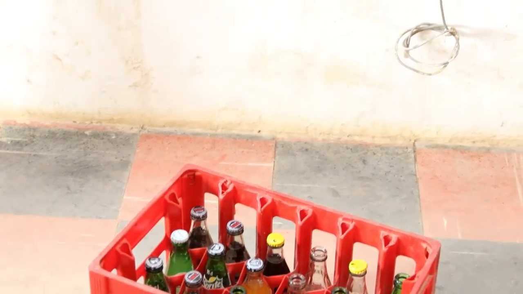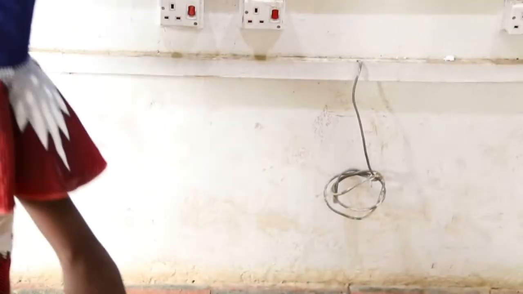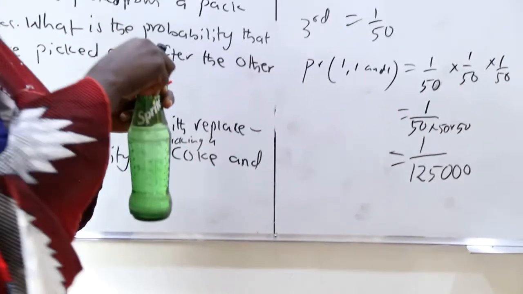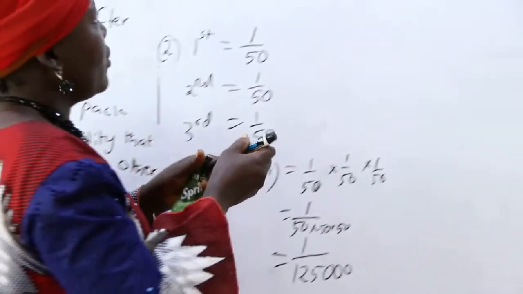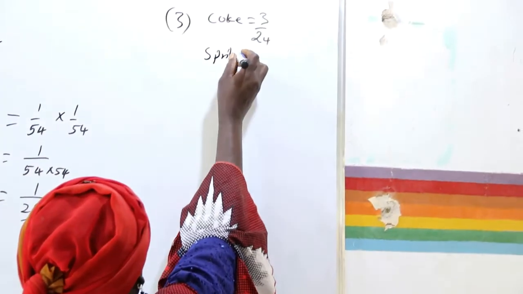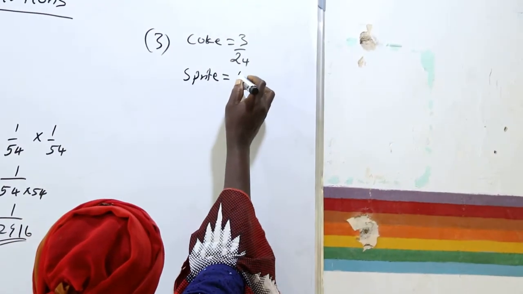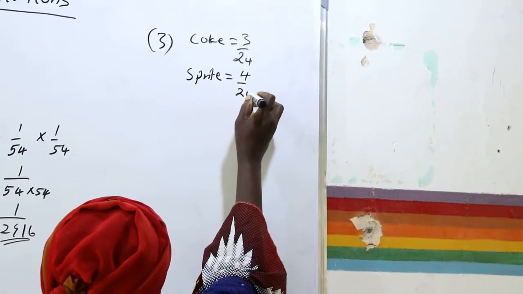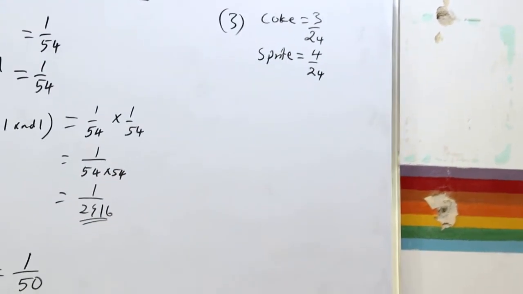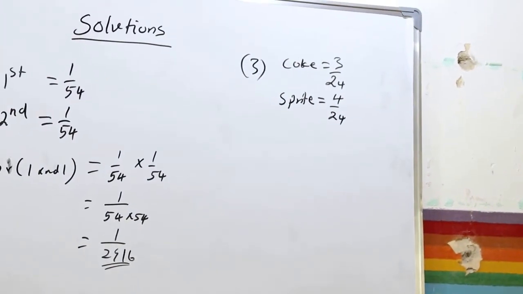So we have 4 of them. So when I now pick one, it will be 4 over 24. So we have Sprite equals 4 over 24. So picking that and that, 4 over 24.